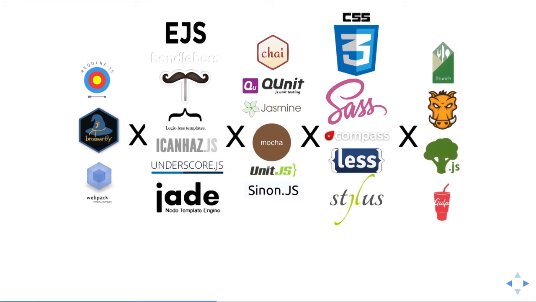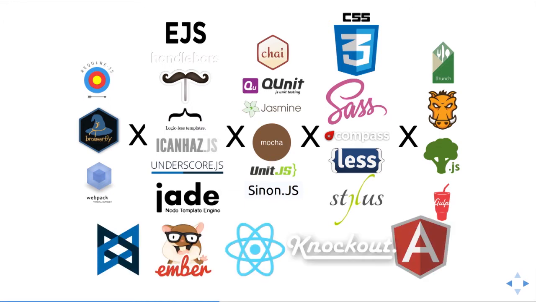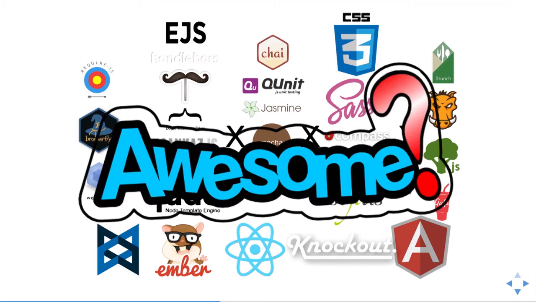Then we can see that there is quite a big number of combinations that we can choose. And finally, if we add that there are of course frameworks here, and all of them can apply some specific things of their own, we can see that, oh my god, it's really a lot. And the question is: is that still awesome?